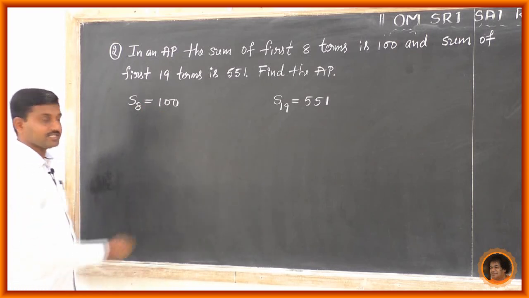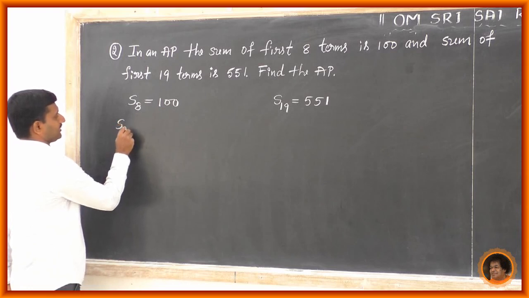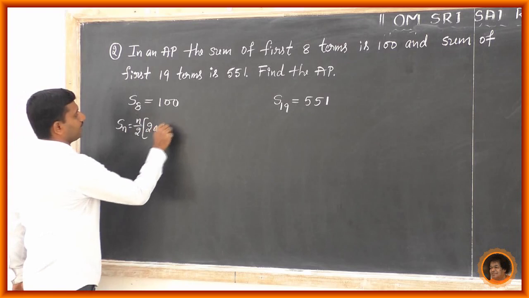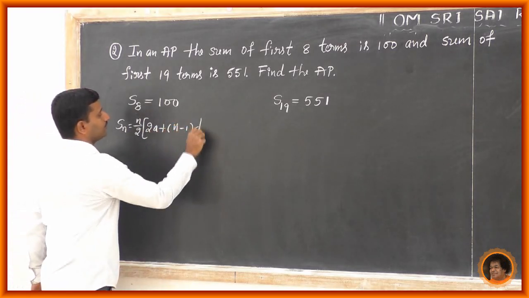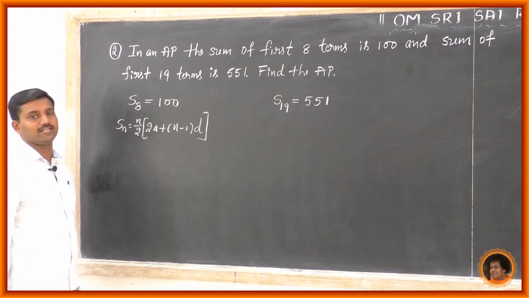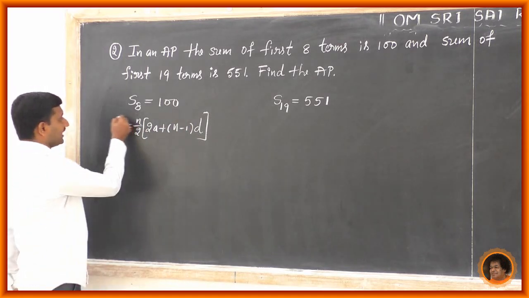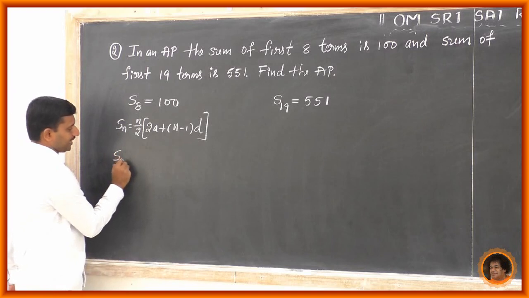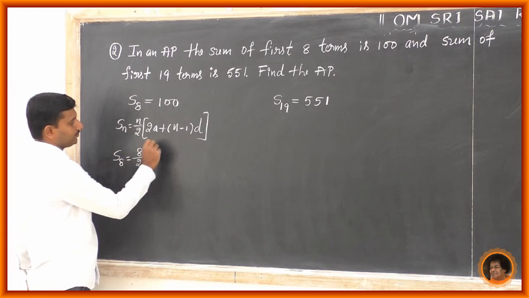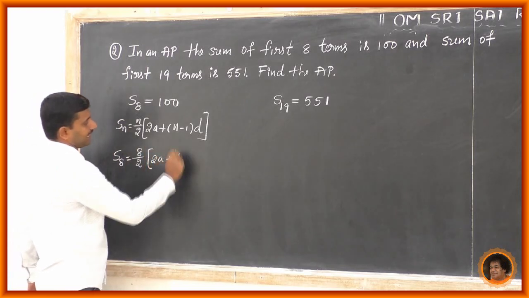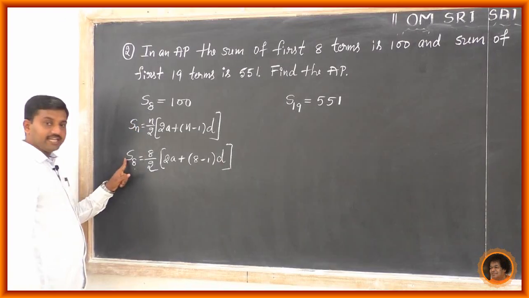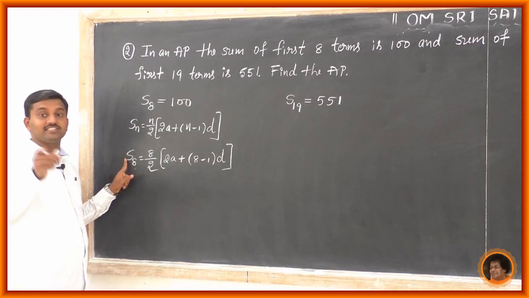Now S_n means S_8 = 8/2 (2a + (8 - 1)d).